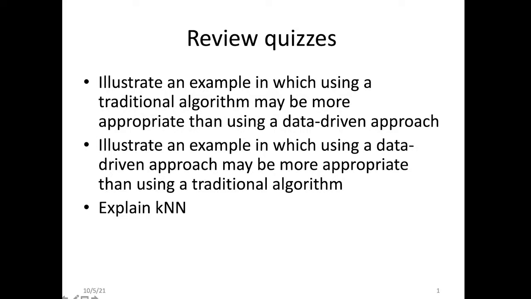Okay, next question. Explain KNN. Last week we talked about two algorithms, one supervised, one unsupervised. For supervised, we talked about KNN, that's the K nearest neighbors algorithm. It's a classifier. It tries to predict the label of a new instance based on the neighbors.